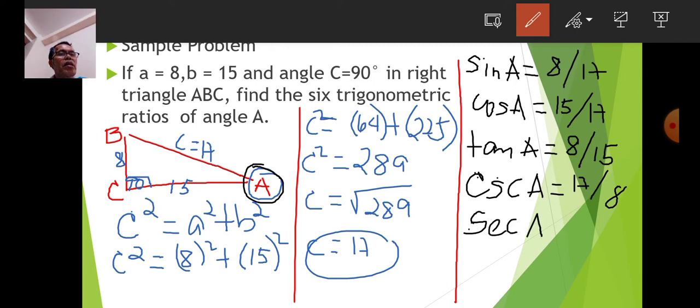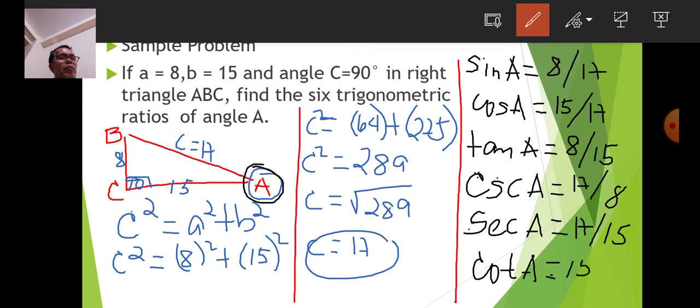So secant A is equal to the reciprocal of cosine, which is 17 over 15. Now the reciprocal of tangent is cotangent A. If tangent is 8 over 15, its reciprocal is equal to 15 over 8.